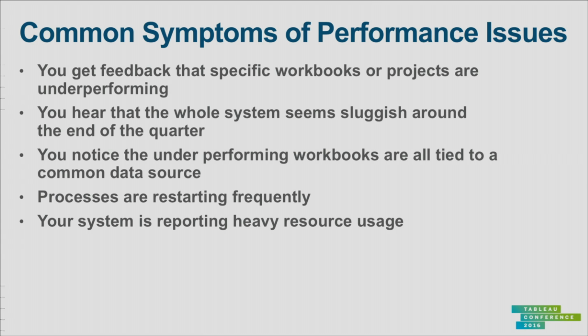You get that feedback much quicker when those workbooks are the ones the CEO looks at, for example. Another thing is that the whole system might become sluggish, either at the end of the quarter, end of month, or even during specific times of the day. You also may notice a group of workbooks that don't seem related, however they all share a data source. That's another common pattern that we'll hear.